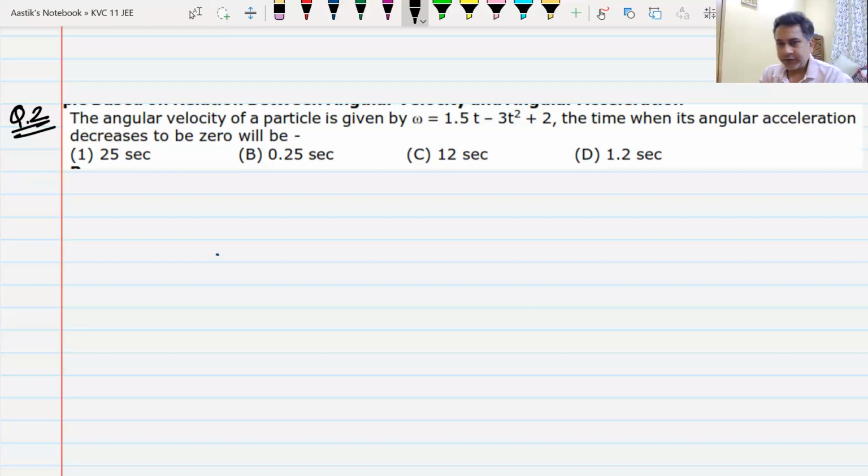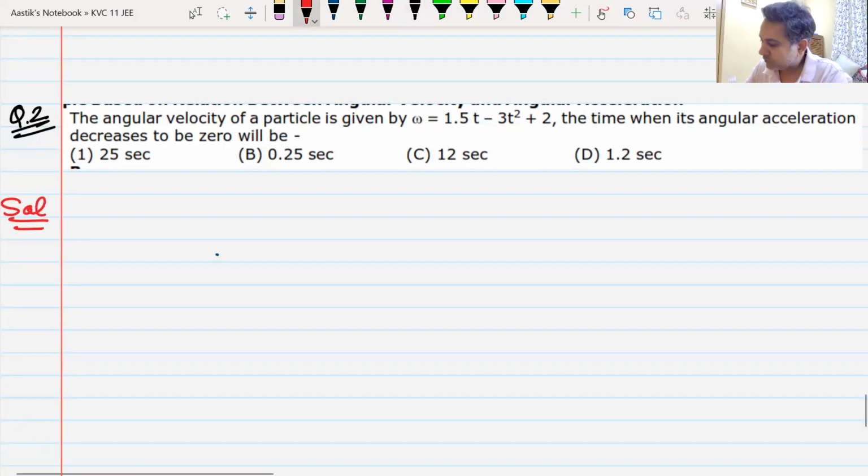Option B, sir. Option B, 0.25 seconds. That is correct. How did you get it? Your omega is given to you, and you have to find out the time at which your angular acceleration becomes 0. Omega is given as 1.5t minus 3t square plus 2.